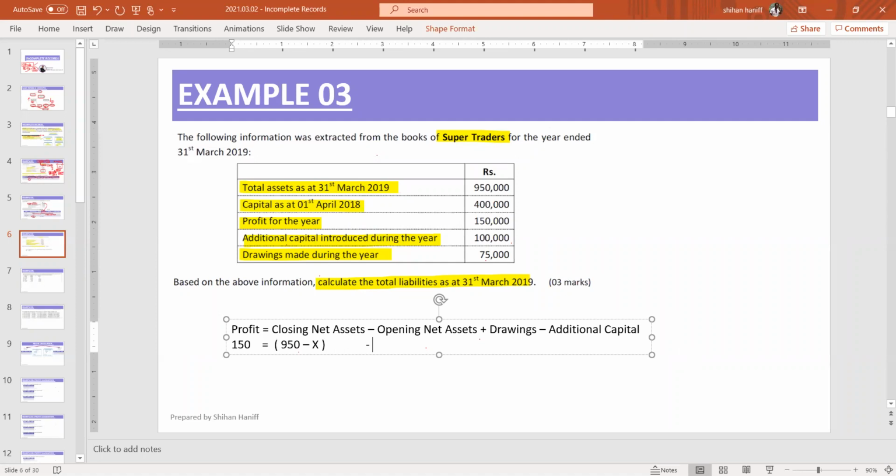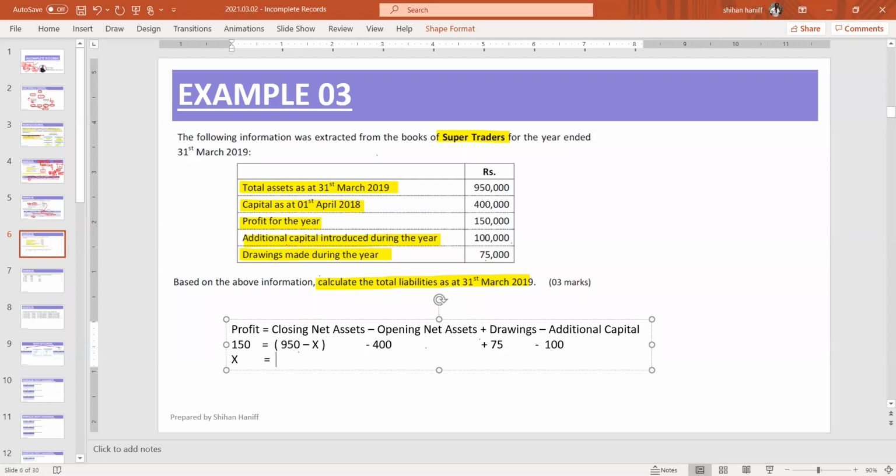Opening net asset means opening capital, which is 400. Then drawings 75,000. Additional capital 100,000. If we solve this, we can take X to the opposite side.